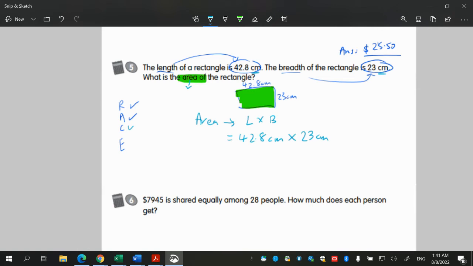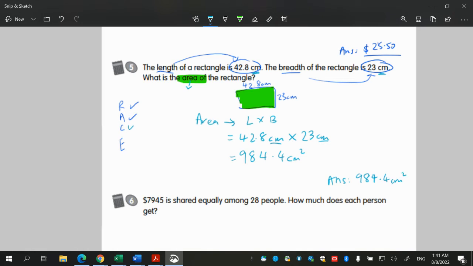And the answer is 984.4. Centimeter multiplied by centimeter should give me square centimeters. So I have my answer here: 984.4 square centimeters.